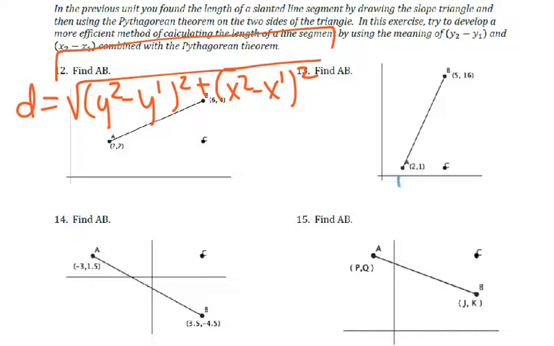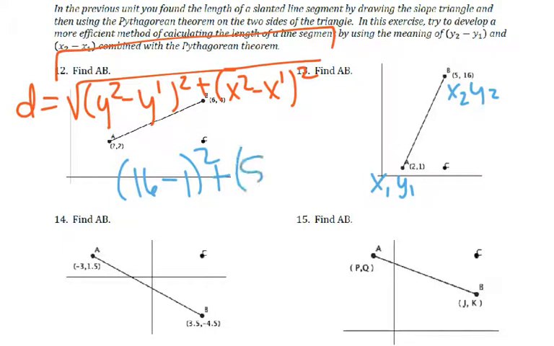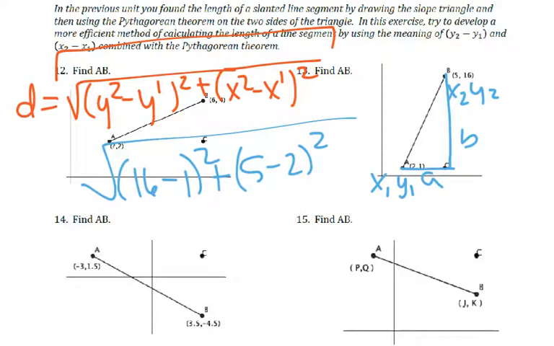So we'd call this x1 y1, x2 y2. So I'd go 16 minus 1 squared plus 5 minus 2 squared. And those are finding those two lengths, which are like the a and the b, and then you take the square root of it.